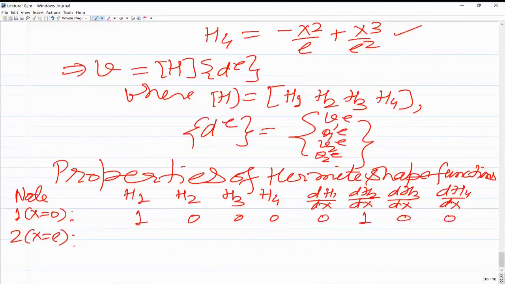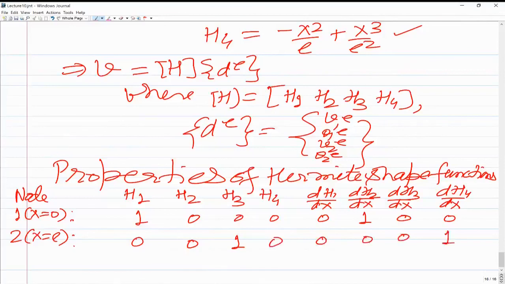Now if you put x equal to L in the shape functions, h1 would be 0, h2 would be 0, h3 would be unity, and h4 would be 0. For the derivatives, first you differentiate each of h1, h2, h3, h4 with respect to x, and then put x equal to L. You will find the first three would be 0, and the last, dh4 by dx, would be unity.